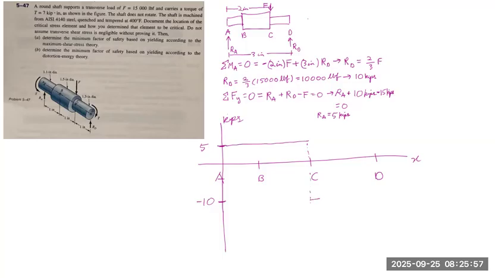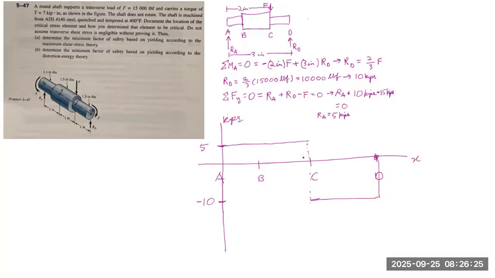And this 10 kips will remain until we get to point D. And then at point D, we have another jump, RD equals 2/3 F, which we found to be 10 kips. So this will be plus, because it's pointing upwards, so plus 10 kips and back to 0, which makes sense because our beam is in static equilibrium.